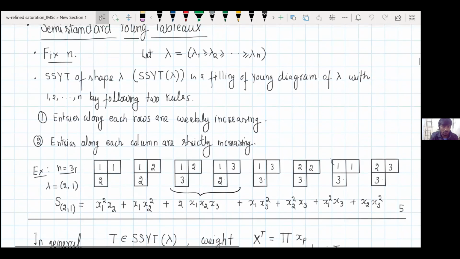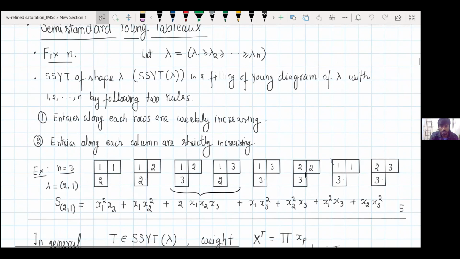For example, if you take n equal to 3 and lambda equal to (2,1), this is the Young diagram. The first row is 2 boxes and the second row is 1 box, and you fill entries from 1 to 3 such that these two rules are satisfied.